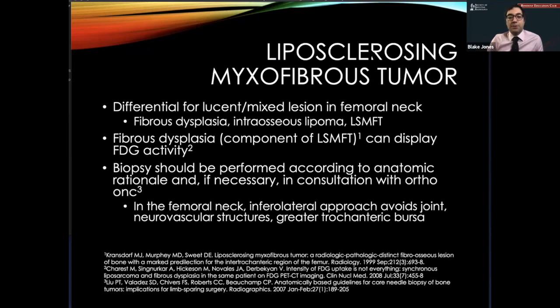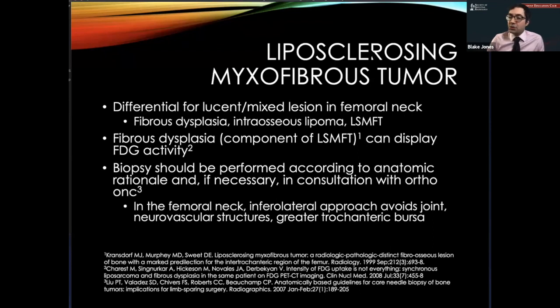If you go back to the original article on liposclerosing myxofibrous tumor, they actually describe it as a lesion comprised of areas of fat, potentially with some degeneration or necrosis in it, areas of fibrous dysplasia, areas of osteosclerosis. And that's how the people from AFIP originally described the lesion of liposclerosing myxofibrous tumor.